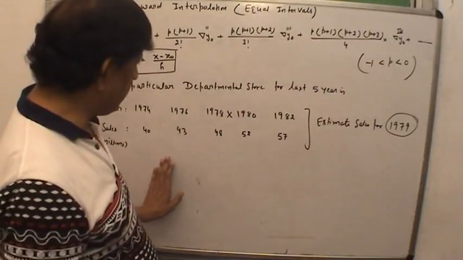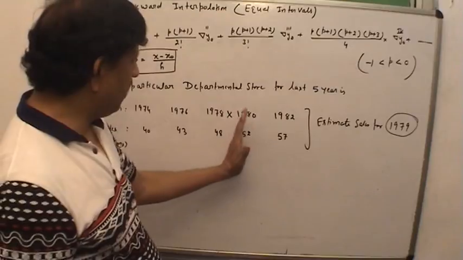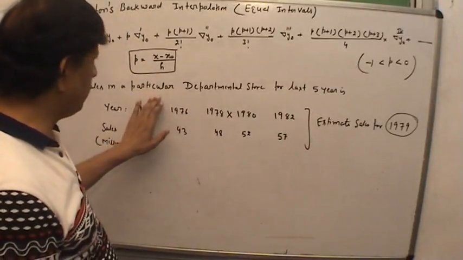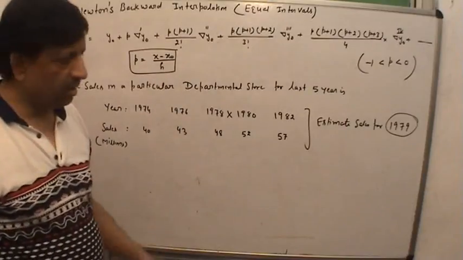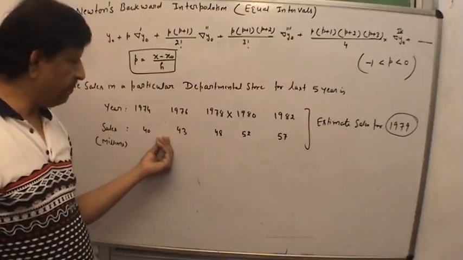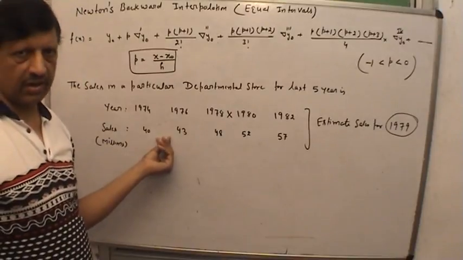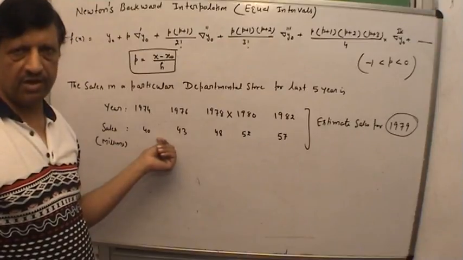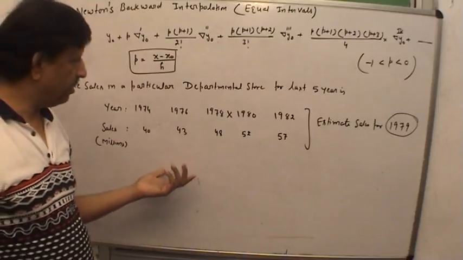If the point of interpolation is in the last values of the data, then we use the backward difference interpolation. If it lies somewhere among the starting values, then we apply the forward difference interpolating polynomial.